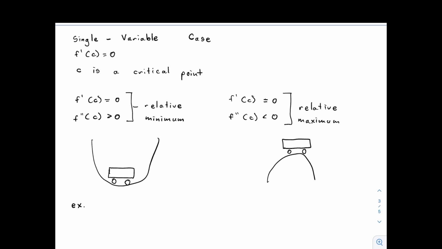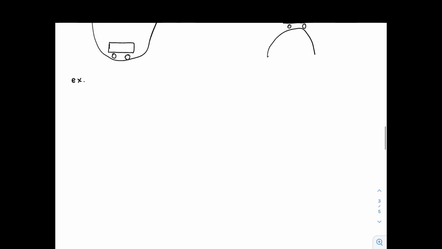So in terms of a mathematical context, let's take a relatively simple example. Let's say we have the function y equals x squared minus 1. Our first derivative is going to be 2x, and our second derivative is going to be 2. What this shows is because the second derivative is 2 and 2 is positive, if we find a critical point, then it has to be a relative minimum.